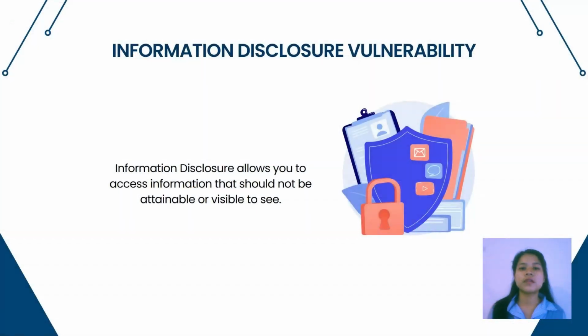The first bug or vulnerability that we are going to cover is information disclosure. This falls under the cryptographic failure category. Information disclosure allows you to access information that should not be attainable or visible to you. I'm choosing this because they are simple, so they are great to warm you up to the basics.